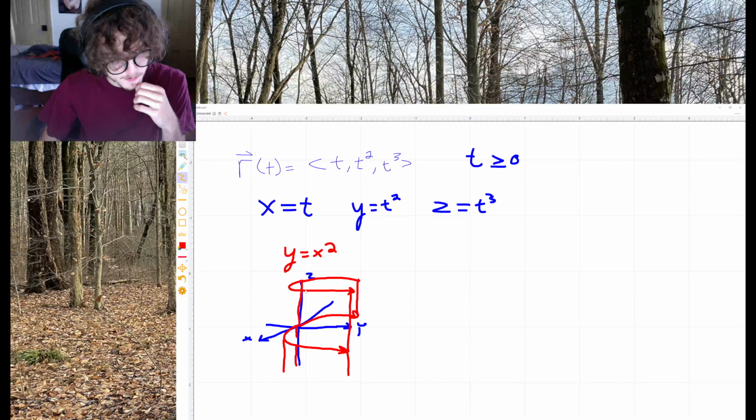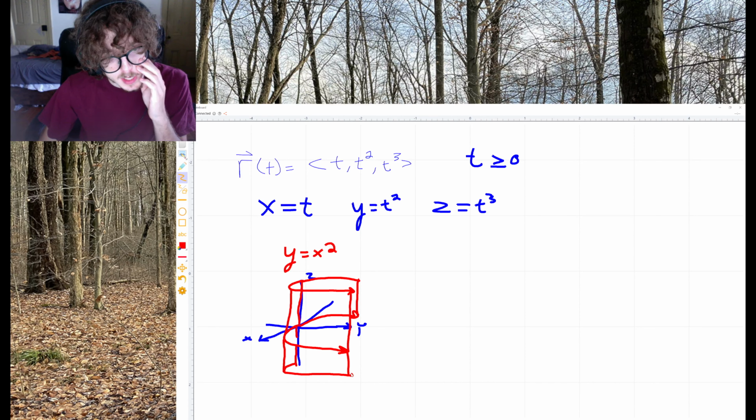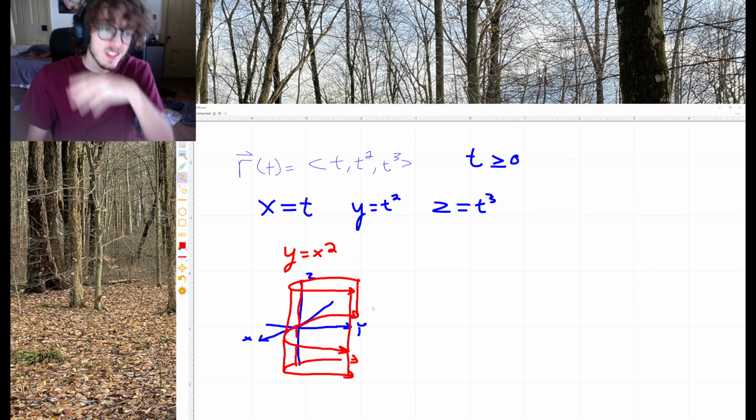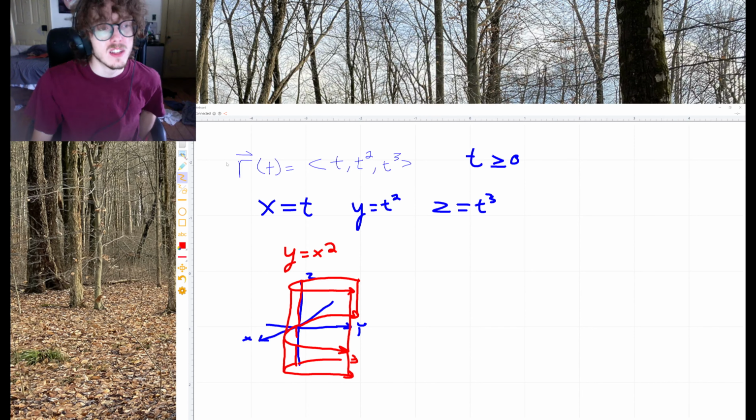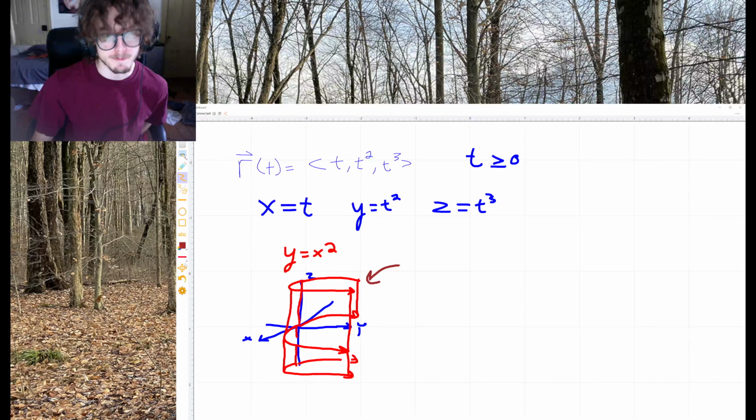Hopefully you can see my attempt at a cylinder here. So we have this cylinder, and this curve, because vector functions describe curves in 3D, is going to lie somewhere on this cylinder, directly on it.